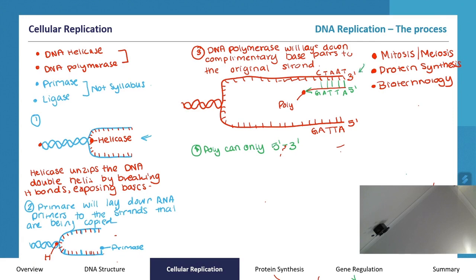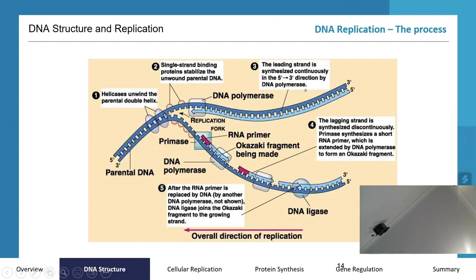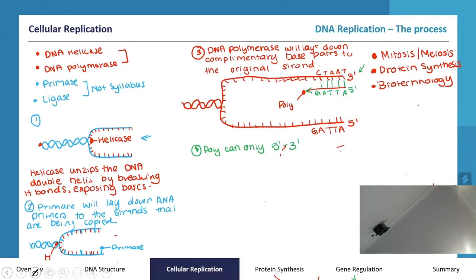So on this top strand, polymerase is all right to just continue until the end of the strand and copy the same direction that helicase is unraveling in. However, for the bottom strand, technically this starting point is the 3' end. Unfortunately, DNA polymerase cannot work in the opposite end, the 3' to 5' end, so it has to start somewhere random, essentially. So this is our polymerase molecule here.